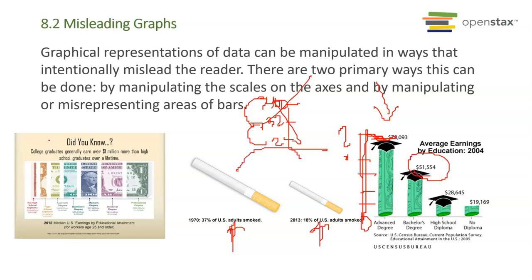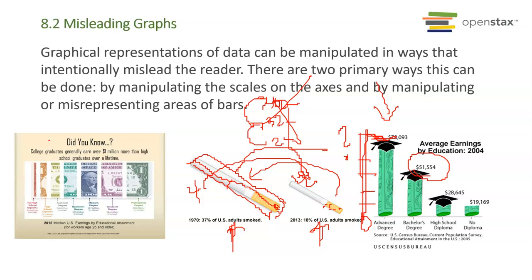So this looks way bigger than this, way bigger than twice the size, because it's not just twice bigger this way in the length, it's going to be also this way. And we know from doing area and volume that that is 4 of these, not just 1. If this is one of these little cigarette things looking in here, you would need 4 of them to make this picture. So that's a problem.